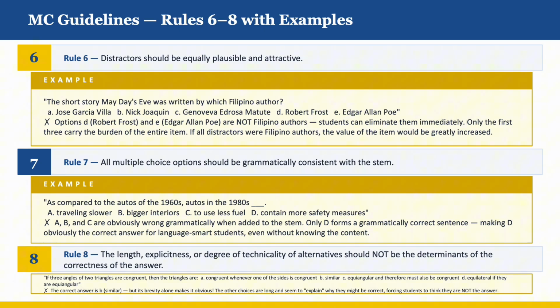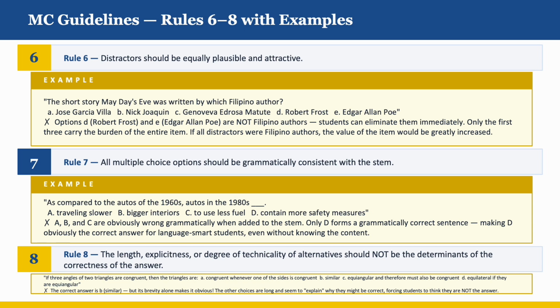For example, the short story Mayday's Eve was written by which Filipino author? A. Jose Garcia Villa. B. Nick Joaquin. C. Genoveva Edroza Matute. D. Robert Frost. E. Edgar Allan Poe.